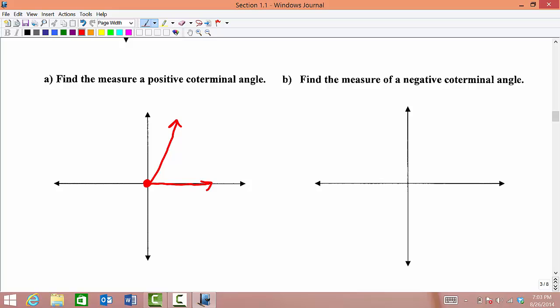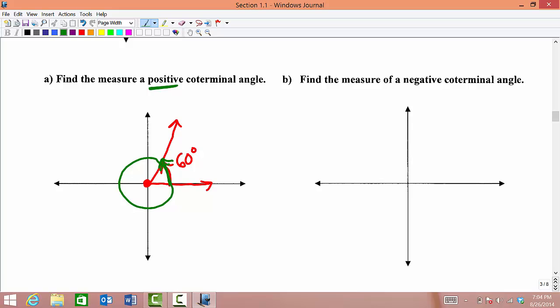So here's our 60-degree angle. And we want to find an angle that is coterminal to this angle, and we are asked to find a positive coterminal angle. So what we're really looking for is to not only go this amount of rotation, but we actually want to go completely all the way around and back to the same spot.